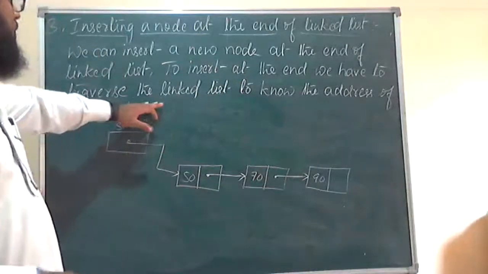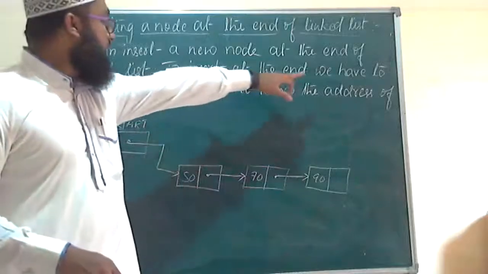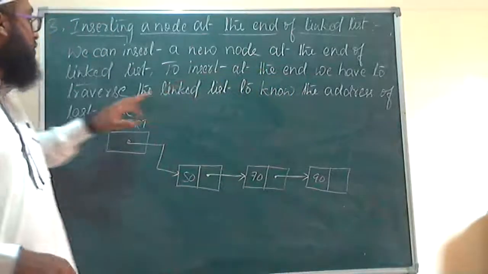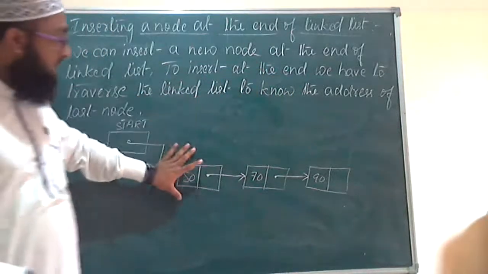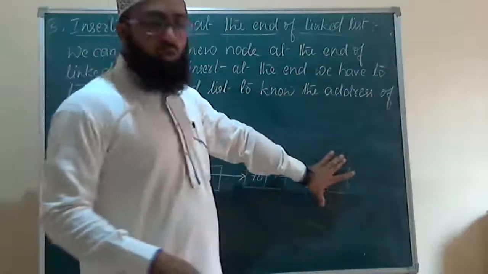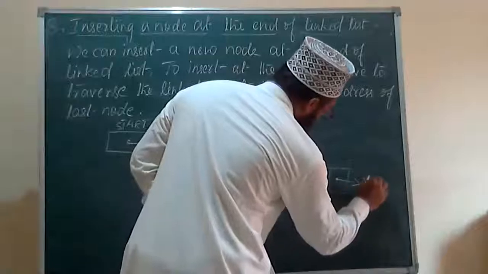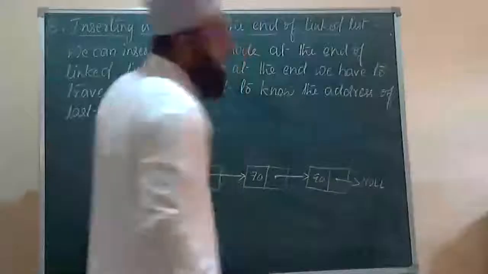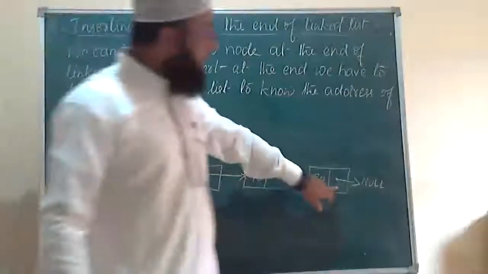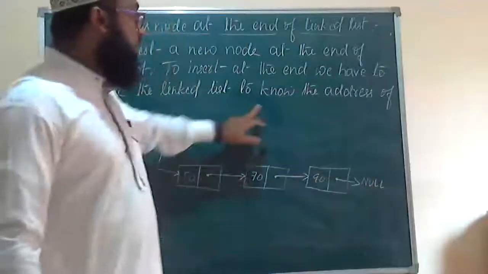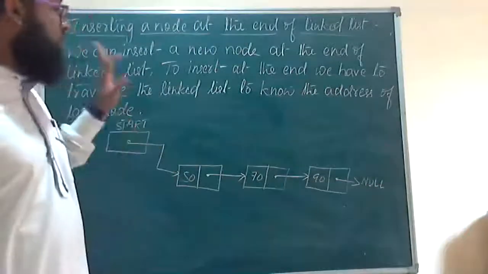Then what do we have to do? We have to traverse the linked list. Traverse means we have to access each node, because to get the address of the last node, null is there. The last node contains only the null pointer.